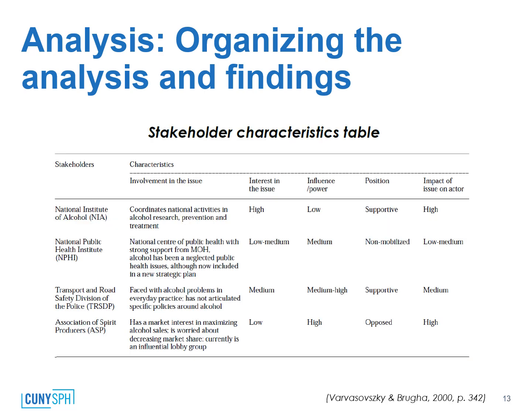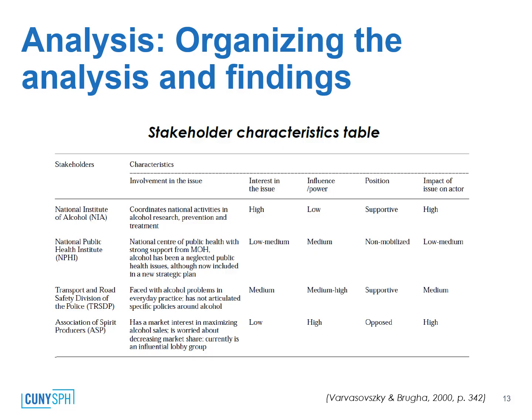On this slide, we see an example of a stakeholder characteristics table in which each stakeholder is analyzed for their involvement, interest, influence, or power on this issue and the impact of the issue on them.